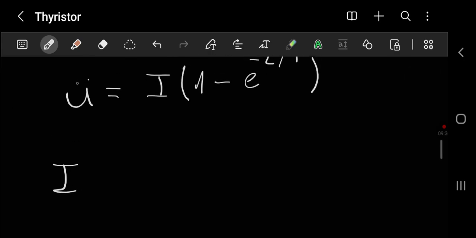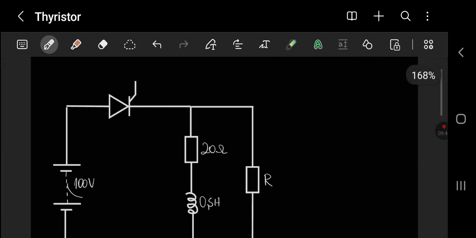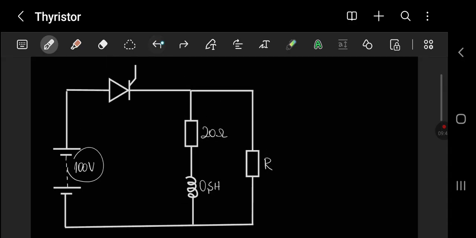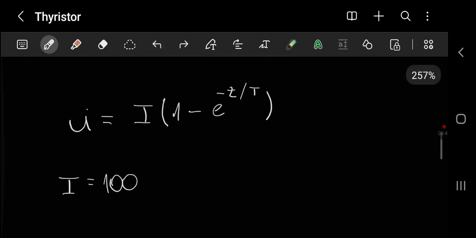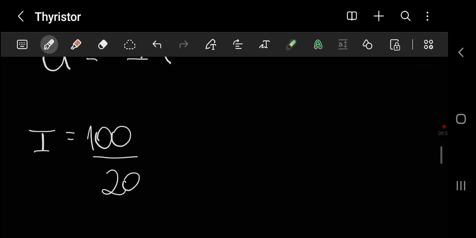And the solution for this I given by the book is the following. We have this 100 volts over this value of 20 ohms, which gives us a current of 5 amps.